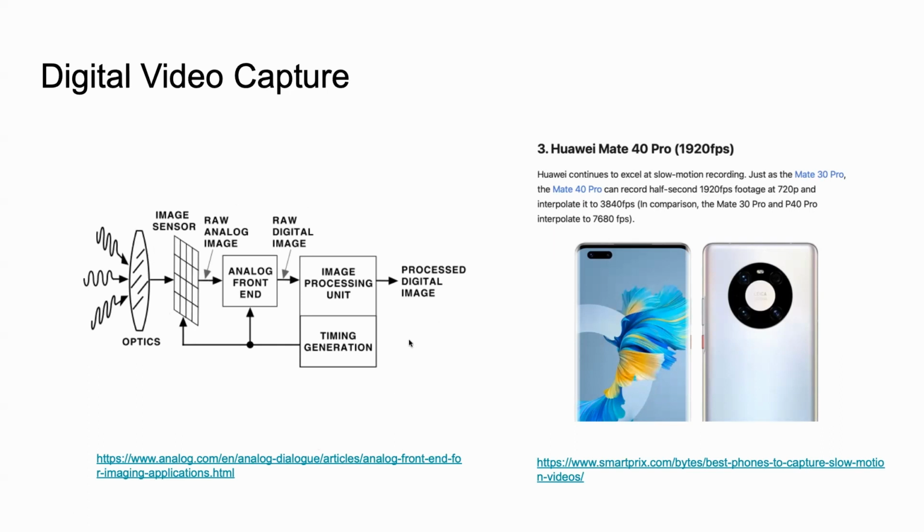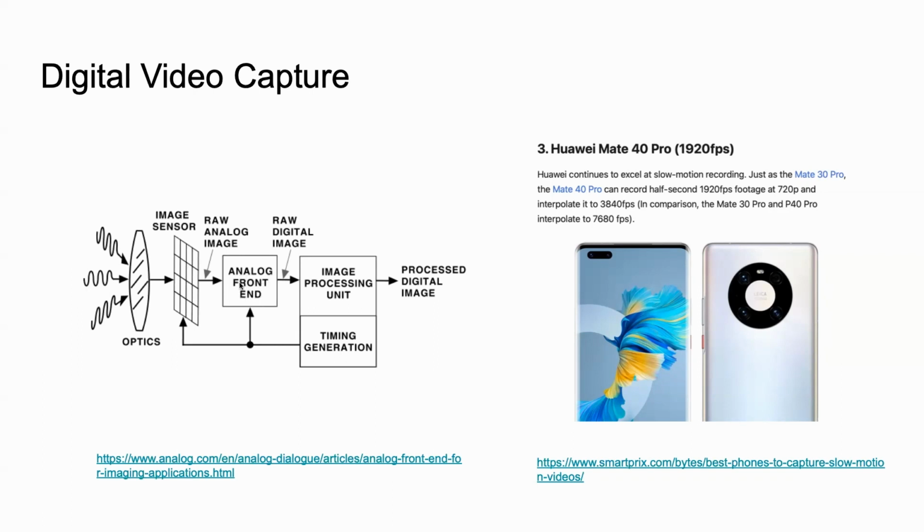This is usually the diagram for the electronics or the system diagram for a digital camera. So here you have your optics. This is your CCD or CMOS. Okay, and then out comes voltages or current from this scene, or charges, and this is the heart of it. This is the analog front end.